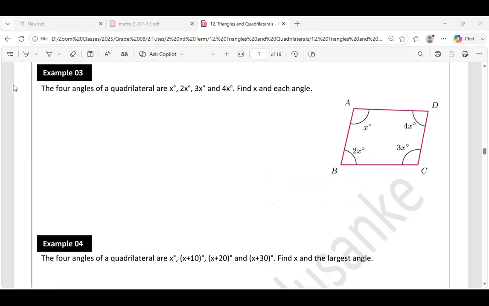Okay. So we know the theory: the sum of the interior angles of a quadrilateral is equal to 360 degrees.